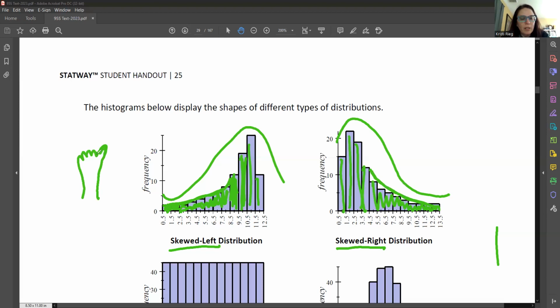As you go to the left, your toes get tinier and tinier. When it's skewed right, it looks like your right foot, because we start off on the inside with your big toe, and then as you go out, your toes get tinier and tinier. So skewed left is your left foot, skewed right is your right foot. That's how you can tell just by looking at the pictures which direction it is skewed.